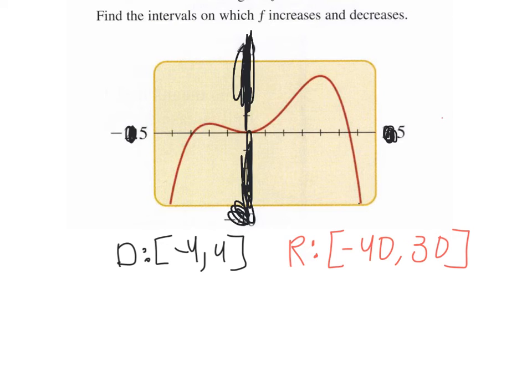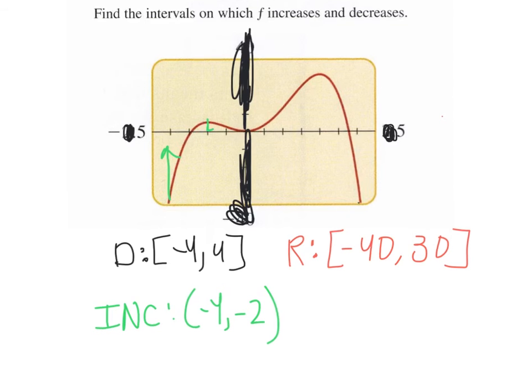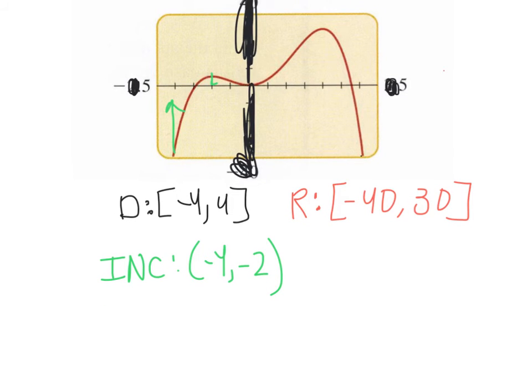If I'm talking about increase, where is my graph going upwards? I would say from, on the x-axis, -4 to -2. Borja, perfect. Does everybody agree with that? Okay. Then the next part of the graph, what's it doing?